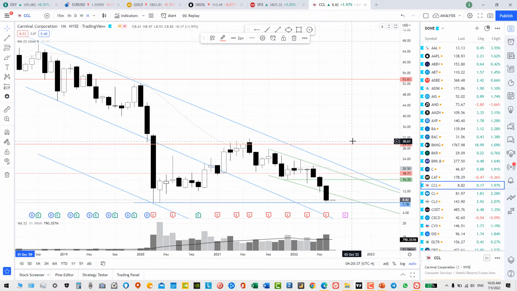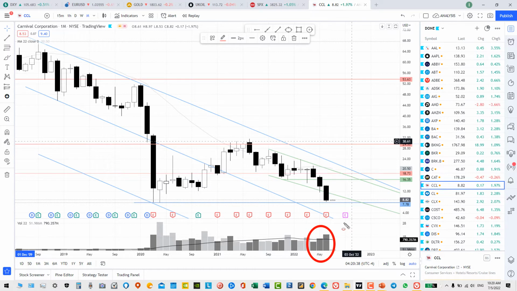And we can see this was accompanied by an increase in the volume during the fall, and we can notice that every single month there is an increase in the volume during the selling pressure that took place.